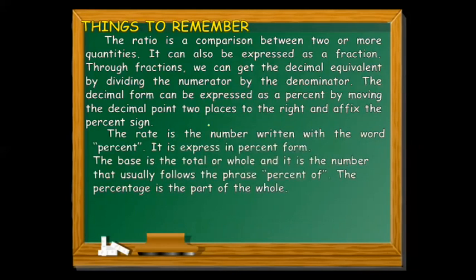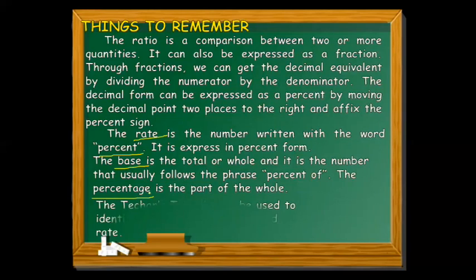The rate is the number written with the word percent. It is expressed in percent form. The base is the total, and it is the number that usually follows the phrase percent of. The percentage is the part of the whole. Those are the rate, the base, and the percentage.